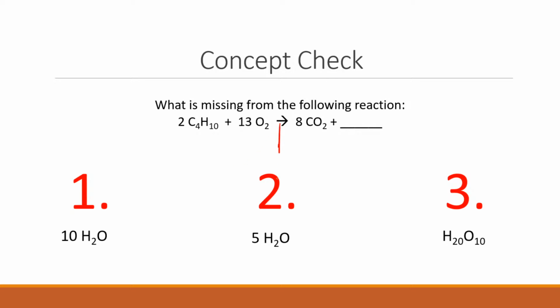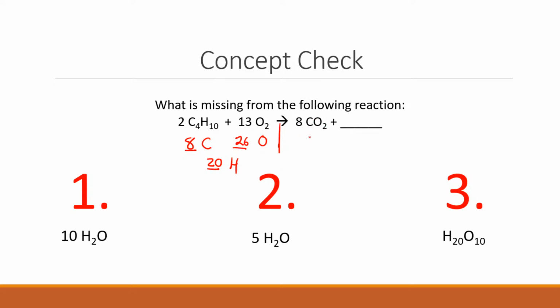All right, here, just like we've done in balancing equations, we're going to check our H's, we're going to check our O's, we're going to check our C's. We've got 8 C's, we've got 20 H's, and we've got 26 O's, by looking at 2 C4H10s and 13 O2s.